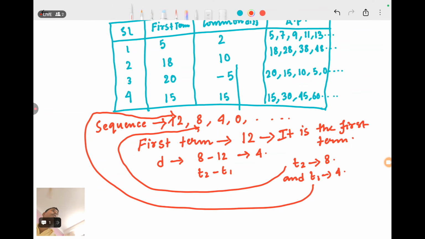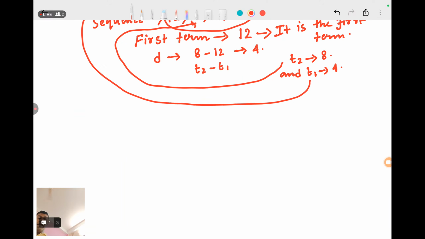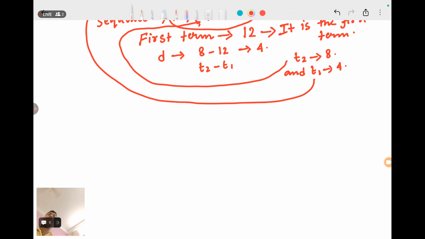So here the common difference will be 4, and the first term of this given sequence is 12. Okay, now I will solve another problem for you.